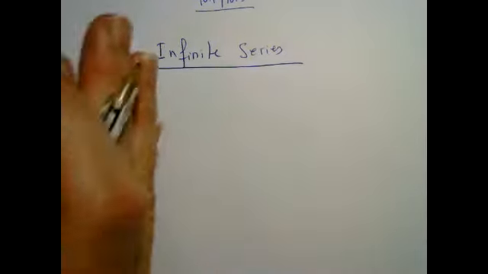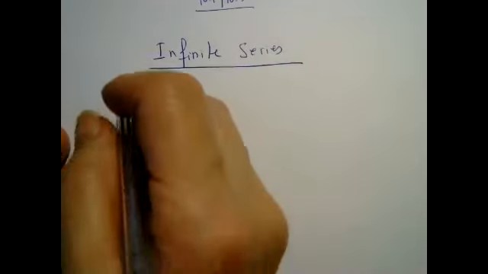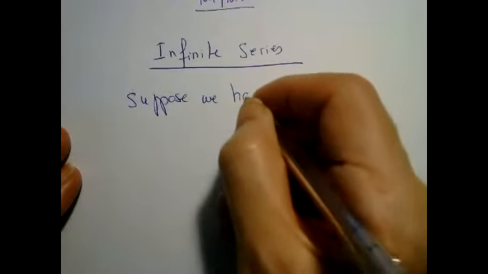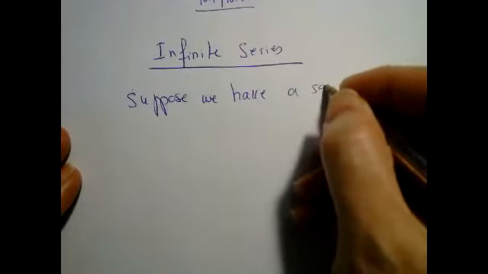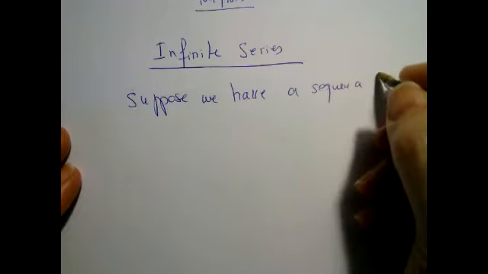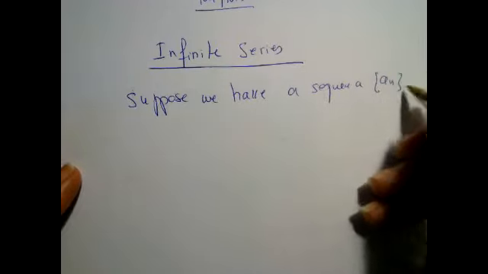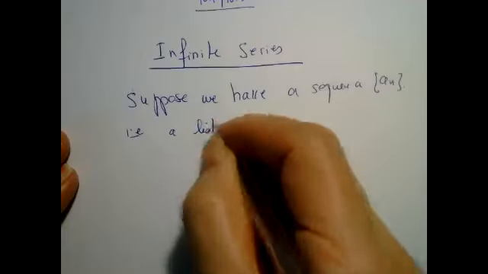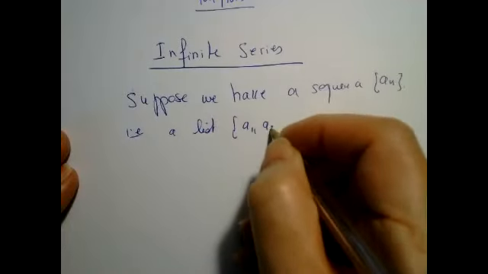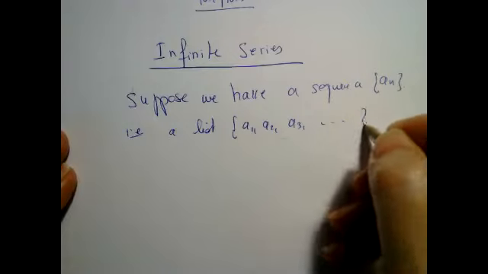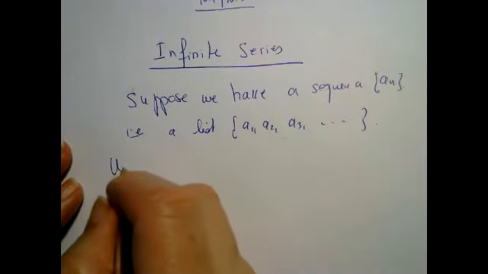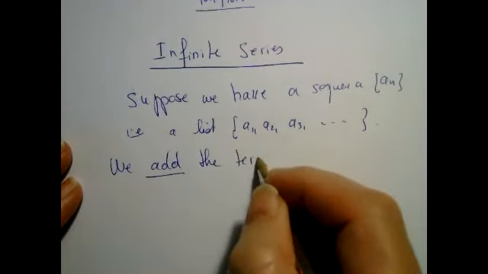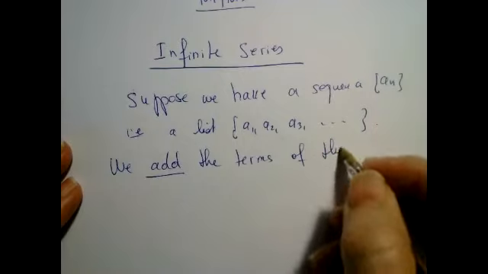So we start with a sequence. A sequence is just a list. Suppose we have a sequence a_n. It means a list: a_1, a_2, a_3, etc. Then we add the terms of the sequence. There is an addition involved.